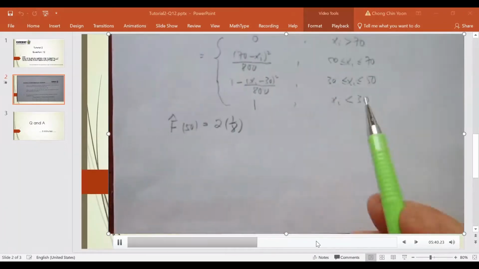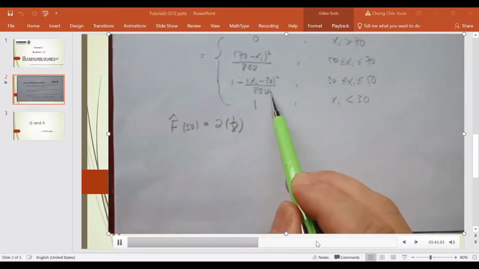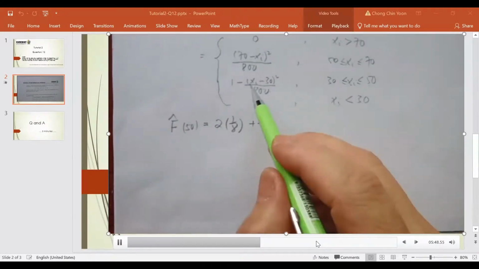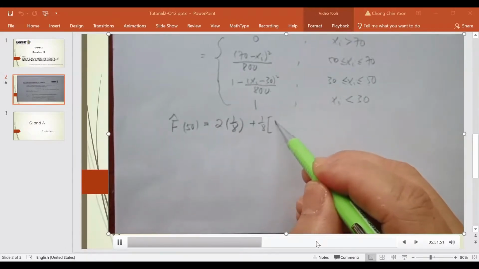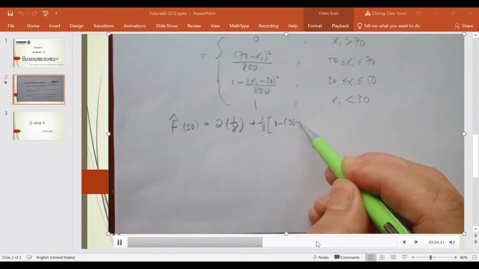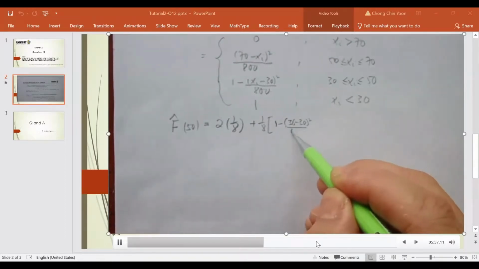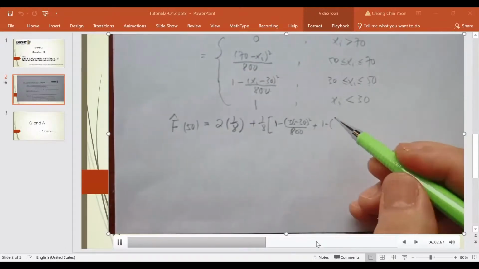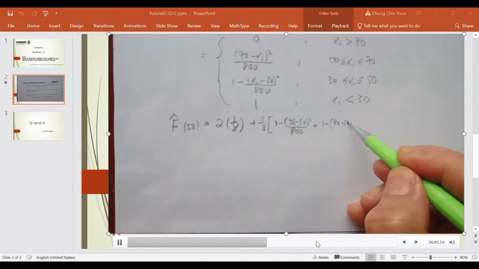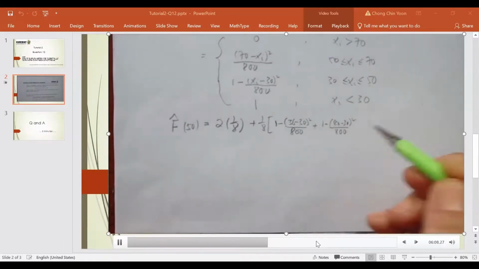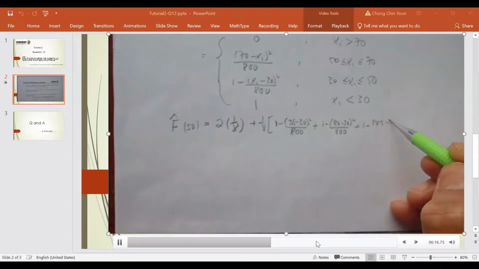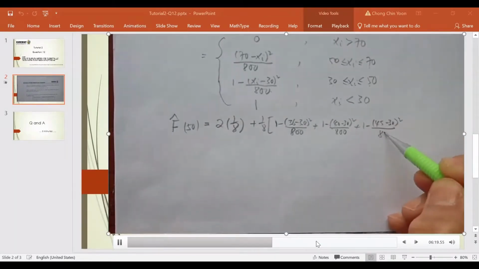Next, we have 3 data with the probability of 1 over 8, where I will take 1 minus 36 minus 30 squared divided by 800, and the next data will be 1 minus 40 minus 30 squared divided by 800, plus 1 minus 45 minus 30 squared divided by 800.